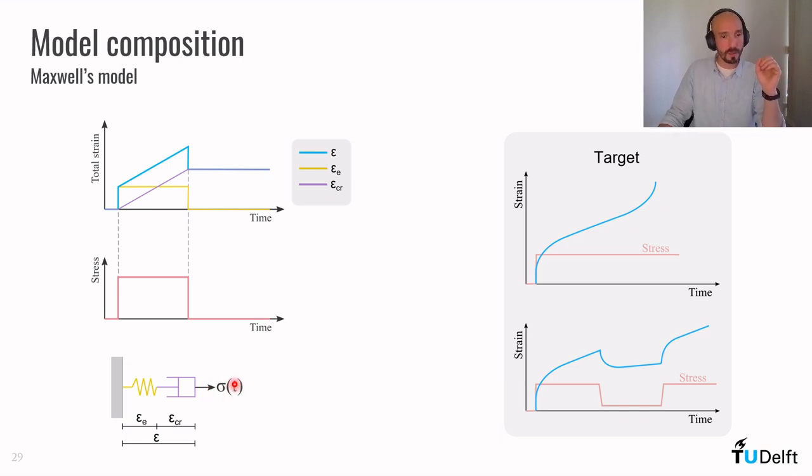Okay, and this is important because it makes it really easy to understand the behavior of this model when we apply a stress condition, because we know that a spring, isolated or in combination with other elements, will respond like this. If we apply this stress, it will respond instantaneously.